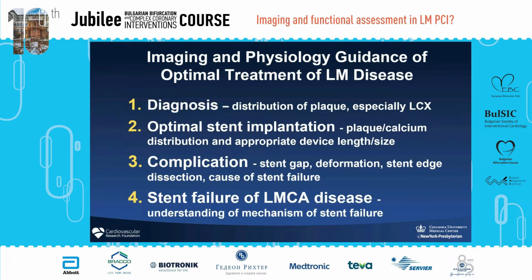For optimal stent implantation, it is important to understand the calcium distribution and confirm the calcium fracture, and detection of complications and adequate reaction are important. And finally, when we have stent failure in left main disease, not only left main disease, really understanding what's happening is the most important thing before starting the treatment. Thank you very much.